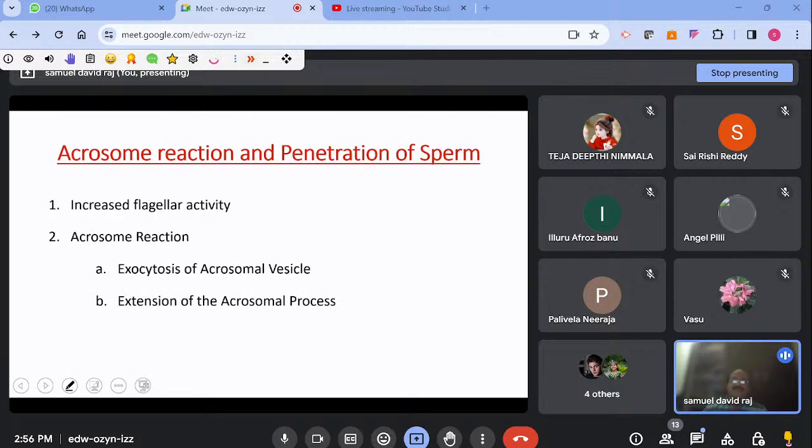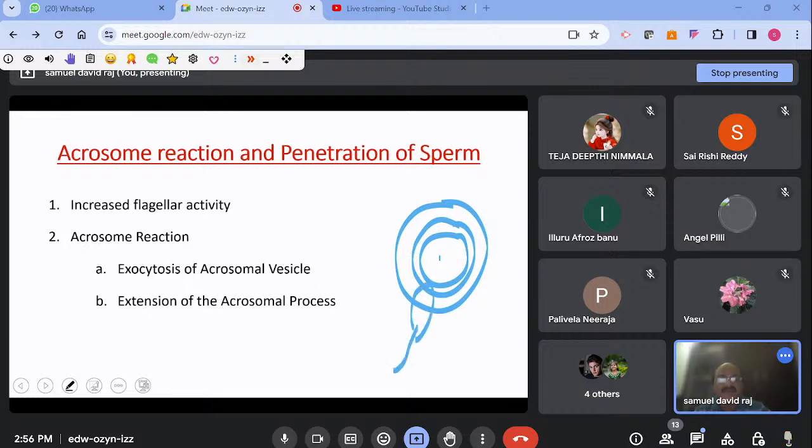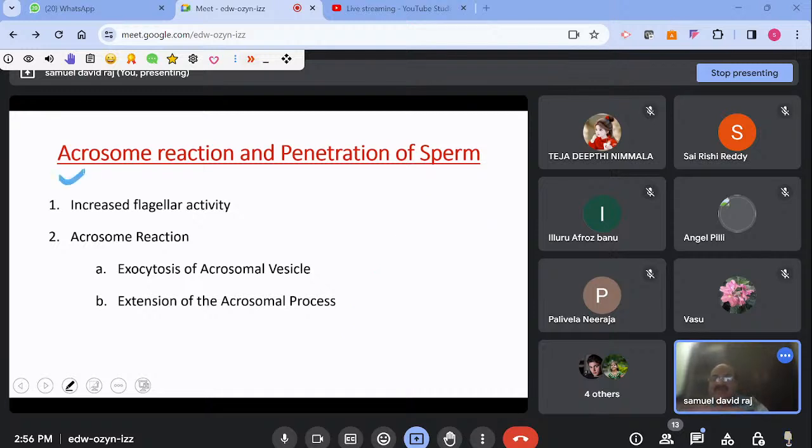And the third one is acrosome reaction and penetration of sperm. We know that the egg is surrounded by a number of membranes. The main function of the sperm is to deliver its nucleus. So the sperm has to penetrate through the membranes, which is accomplished by the acrosome reaction.